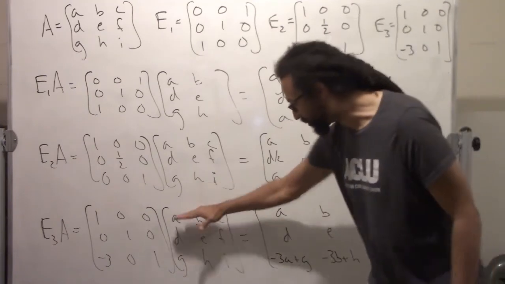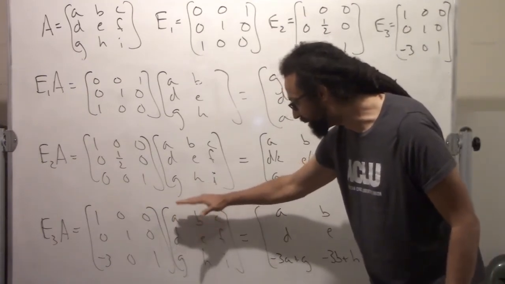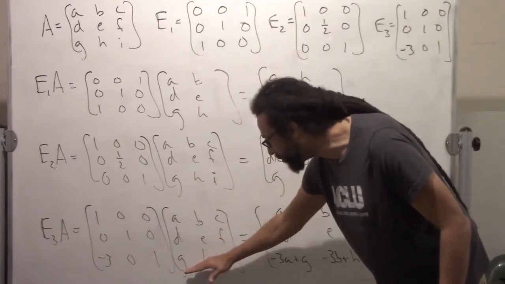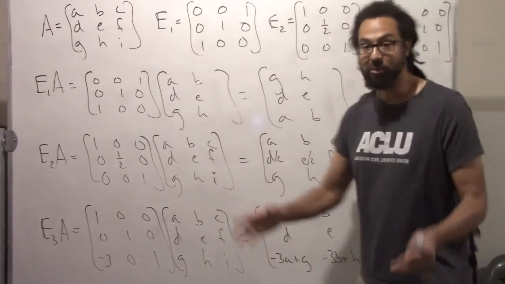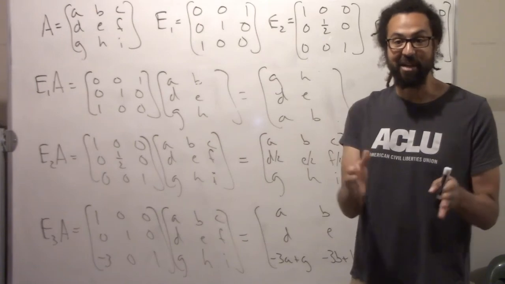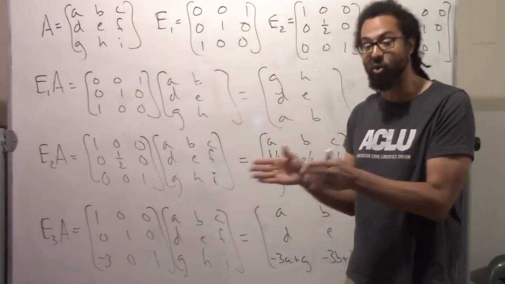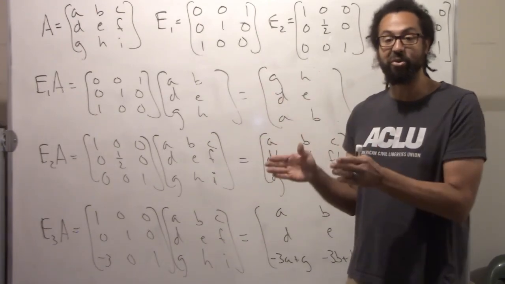It will take -3 times row 1, add it to row 3, and swap out row 3 with that new result. So the reason we call these things elementary matrices is because they correspond to elementary row operations.